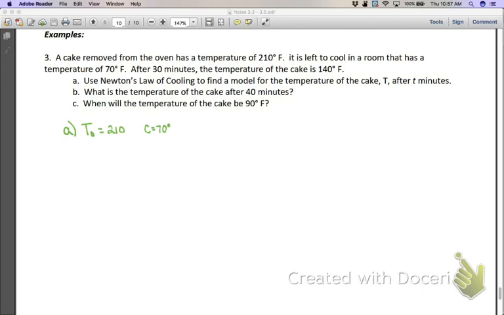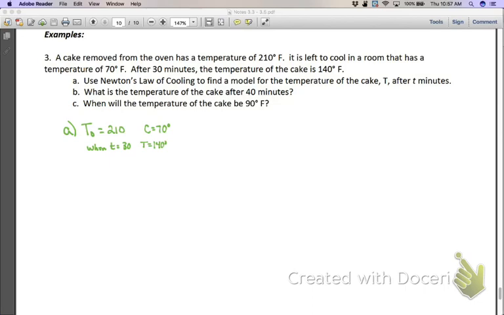When the time is 30 minutes, the temperature was 140 degrees.